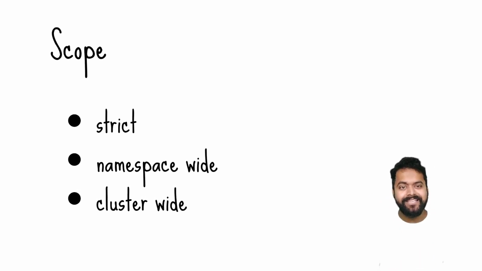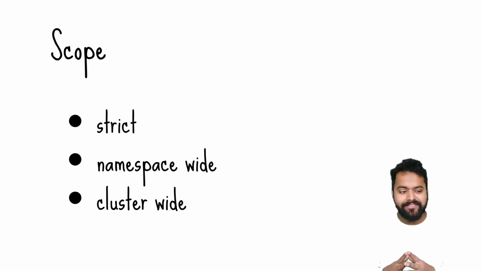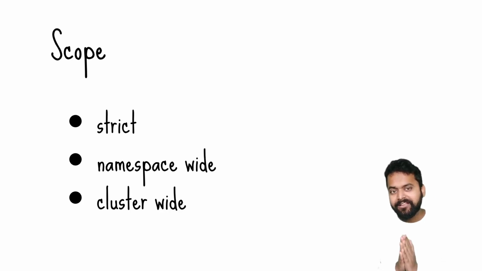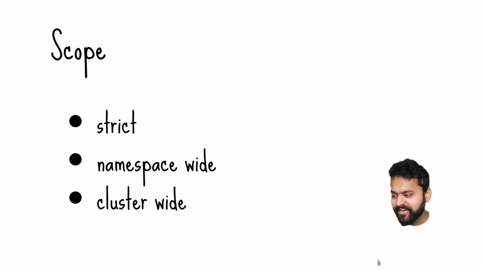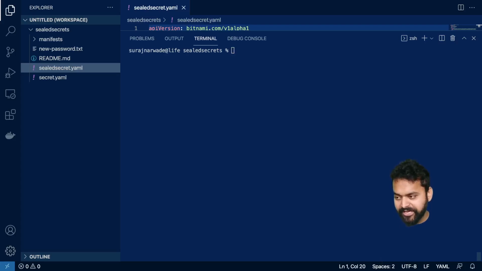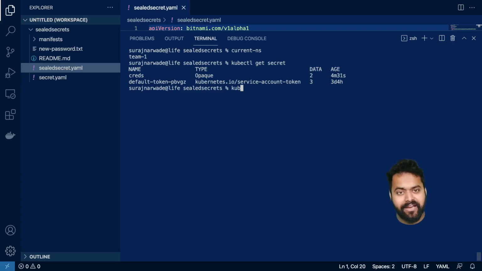Sealed secret has this concept of scope, and basically there are three types of scope called strict, namespace-wide, and cluster-wide. The secret which we created earlier was with strict scope, meaning it has to have the namespace which we used and the exact name of the secret and sealed secret.